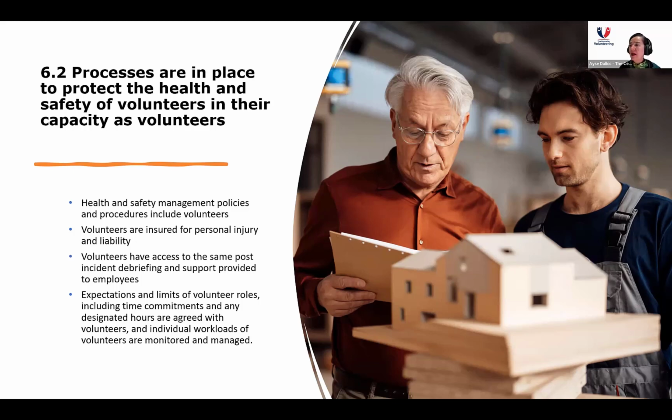So they're outside in an exposed area where trips and hazards may not have been highlighted earlier, but you need to make sure that your insurances are going to cover any of those misadventures that could happen outside of your workplace or your regular workplace, but it's still part of the volunteering role.